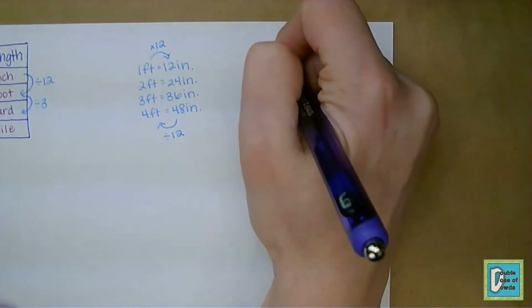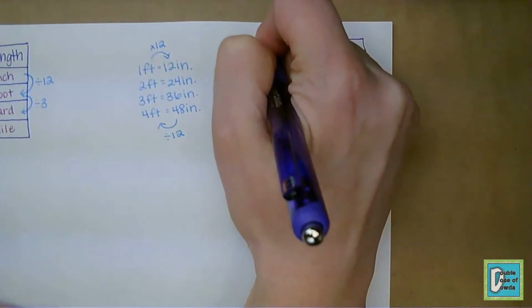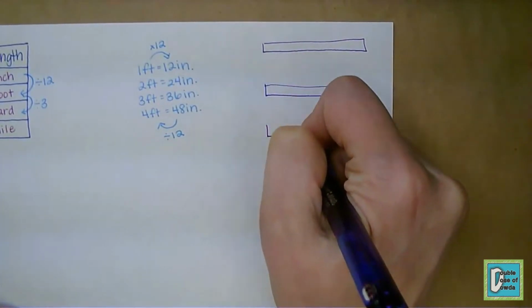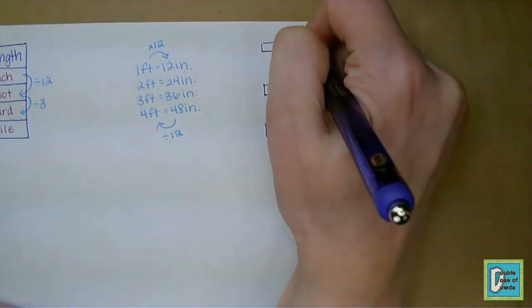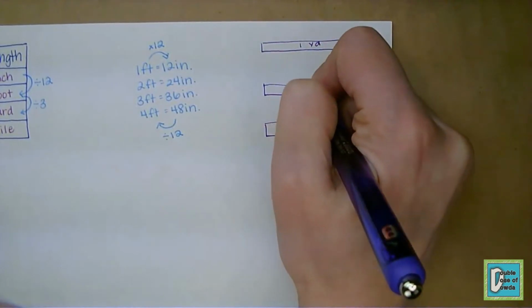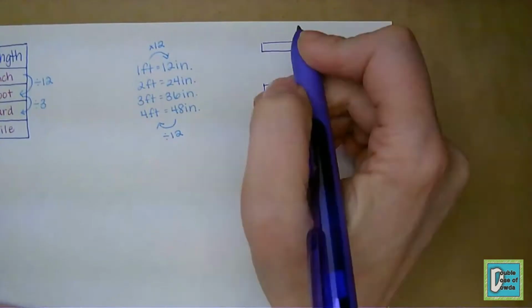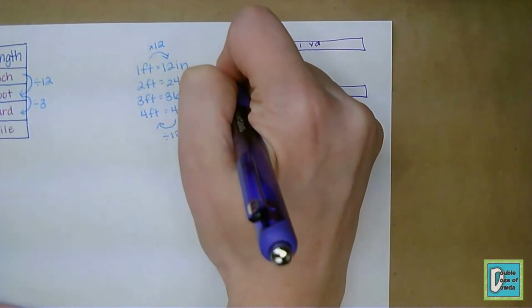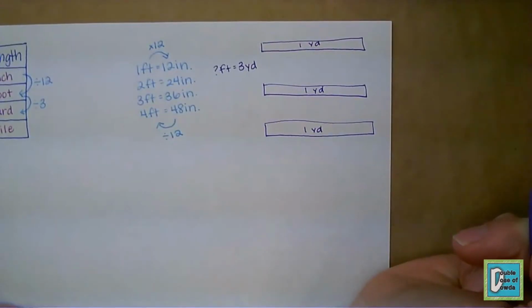But let's say that they have 3 yards. So again, imagine this is kind of like the fraction bars that I referenced earlier. Let's say that this is 1 yard, 1 yard, 1 yard. And I need to know how many feet are in 3 yards.